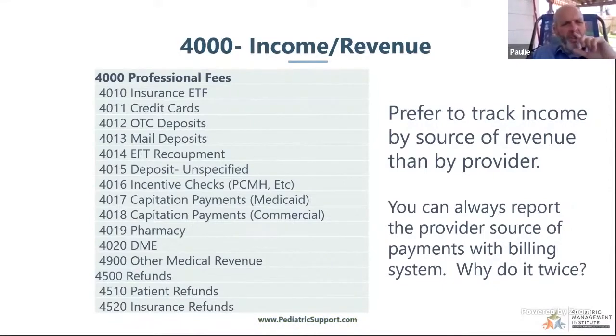opportunity that you really get to classify the origin of your revenue, and it actually makes it a lot easier to reconcile. So, for example, let's just look at credit cards. I set up in my chart of accounts, general ledger chart of account number 4011 as credit card. I see every deposit that comes in through the credit card merchant, whether it be Payment Pros or whoever you're using, it gets classified in the accounts payable system under that general ledger chart of accounts number.